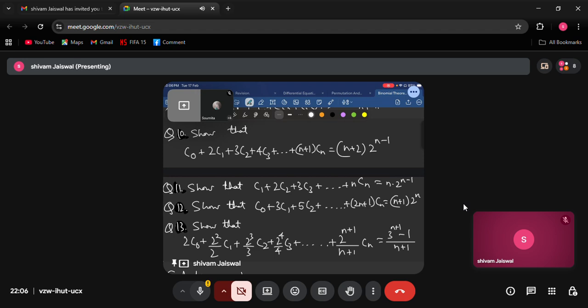So please wait. Quickly see, you need some coefficient in the front. So think about it. There are two ways to solve.